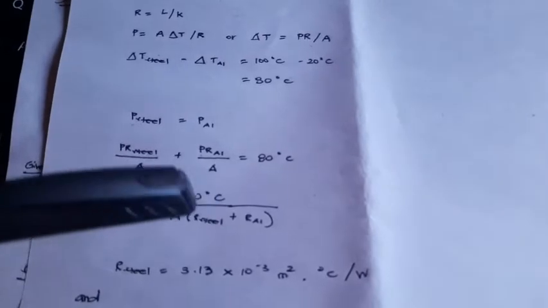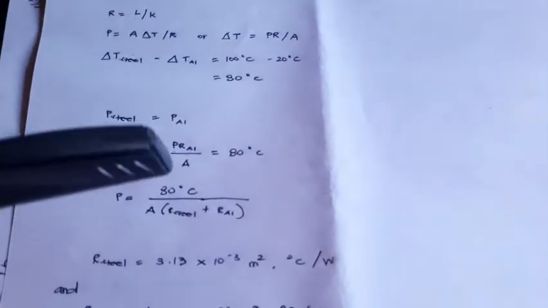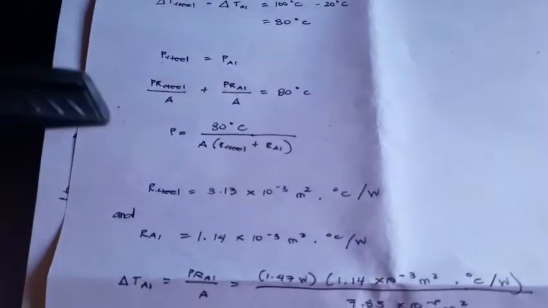So it will give 80 degrees Celsius. We also know that P of steel is equal to P aluminum, and we can denote the rate of heat flow by P.